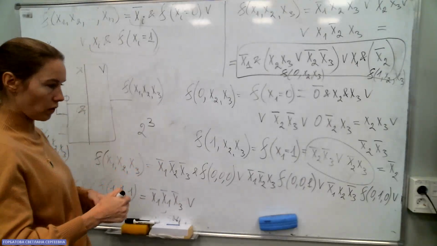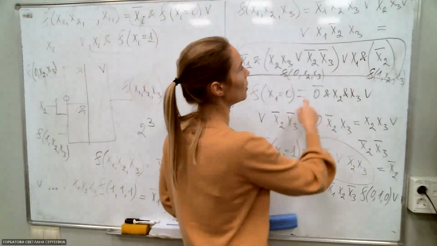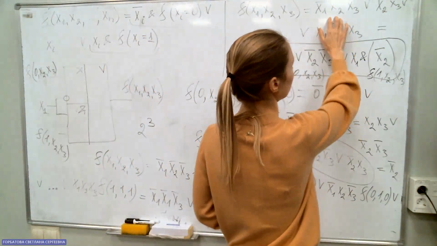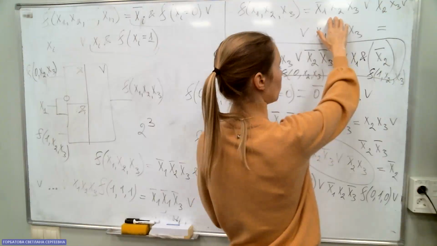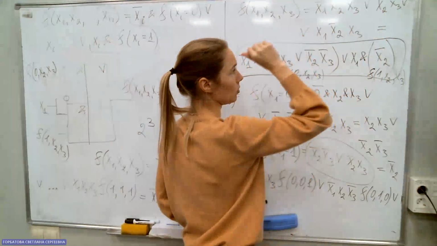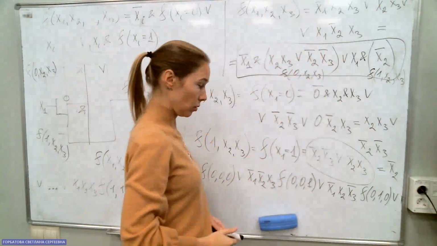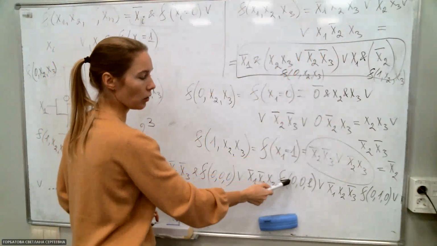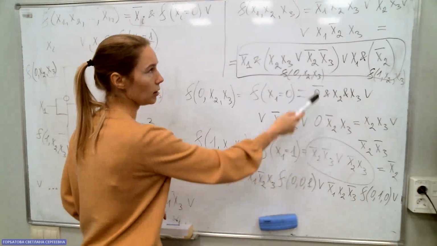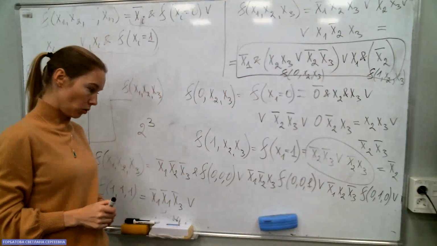Then disjunction, the next point, 0, 0, 1. F of 0, 0, 1, according to this expression, equals 0.